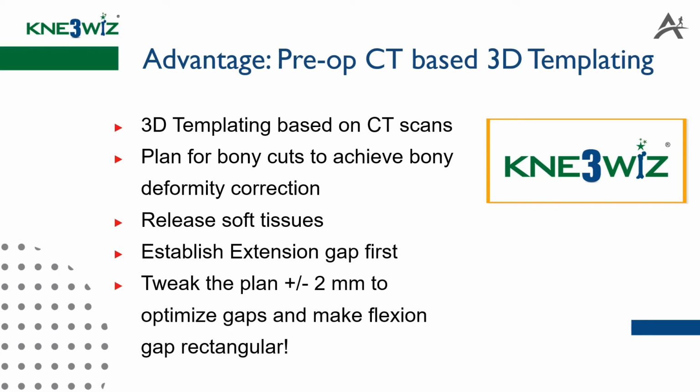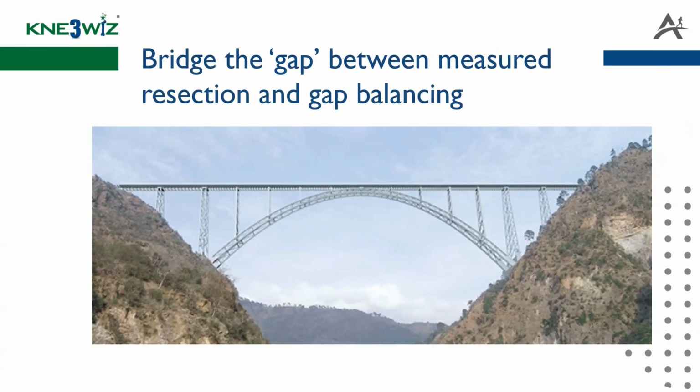We finally look at the flexion gap and tweak the rotation by plus minus 2 mm to make the flexion gap rectangular without having to worry about fine tuning by soft tissue releases. Thus, we bridge the gap between measured dissection and gap balancing.